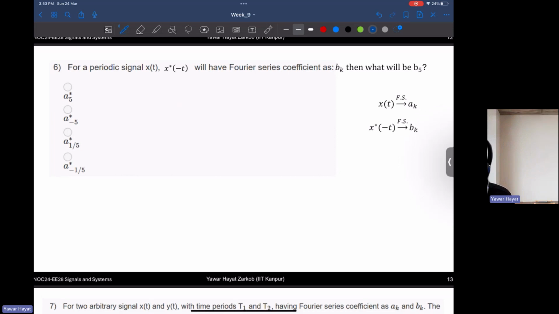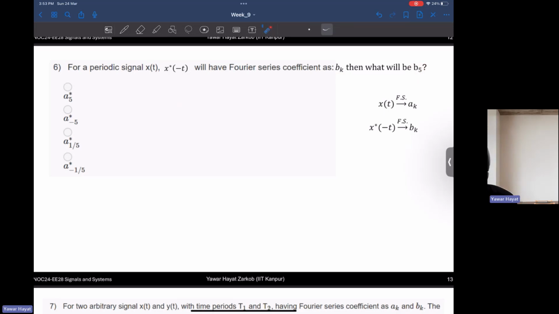For the periodic signal x of t, x star of t, the complex conjugate, and the time reverse signal x of minus t. Note that we are using two operations on x of t here. What would be the Fourier series coefficient? This will have a Fourier series coefficient bk, and you will need to determine b5, right?